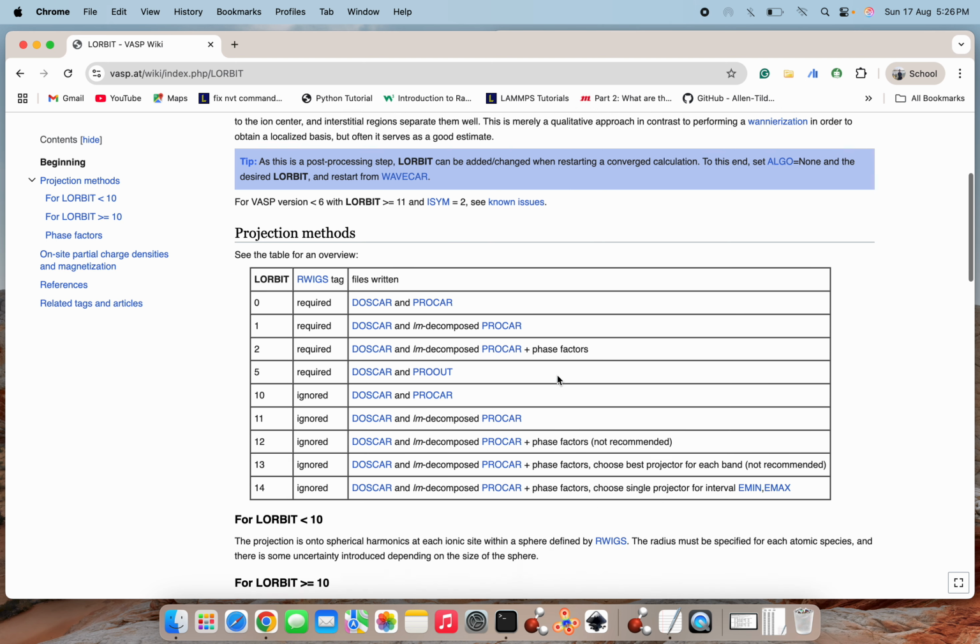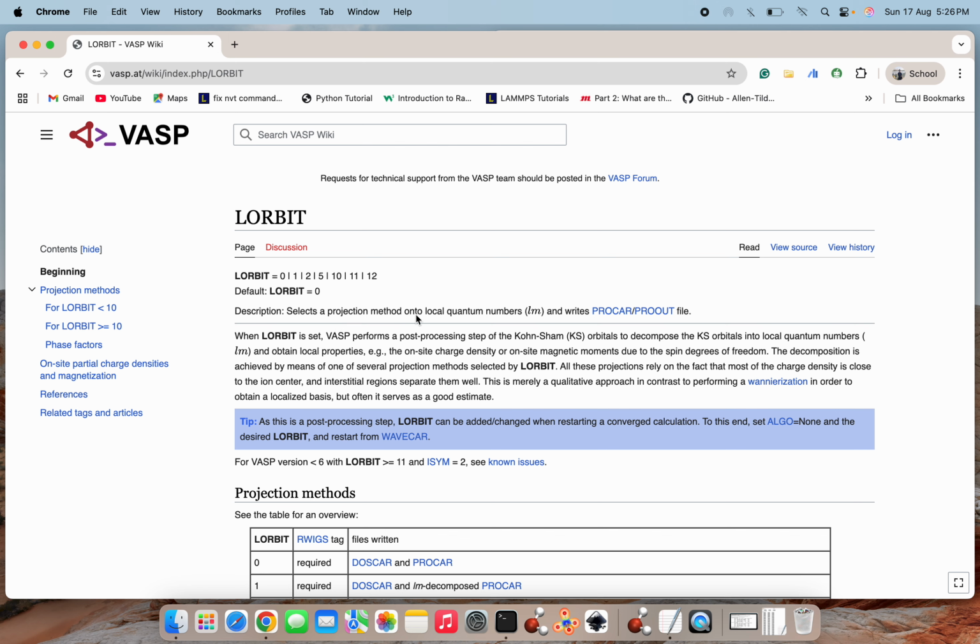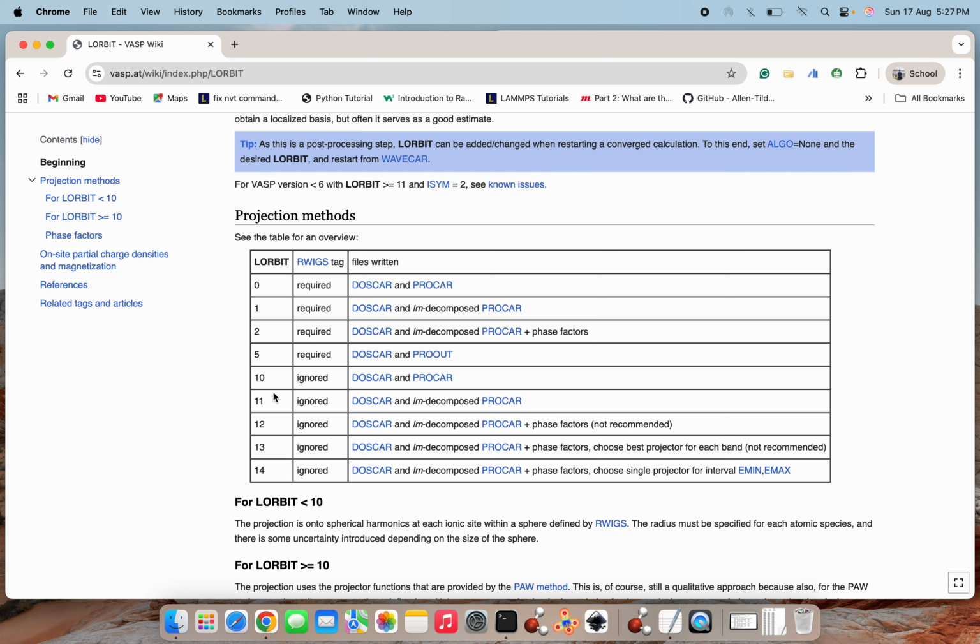So if you want to have your projection onto quantum numbers L and M, then you can have values for LORBIT like 0, 1, 2, 5, 10, 11, 12, 13, 14. Here I have taken 11 so that I can write this L and M independently in the PROCAR file.